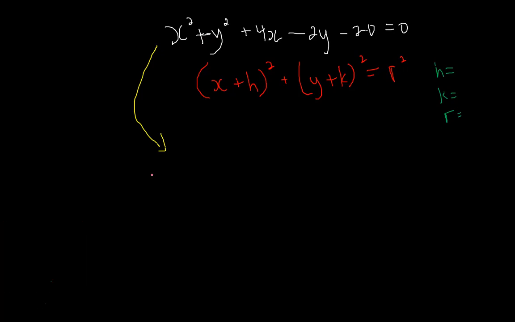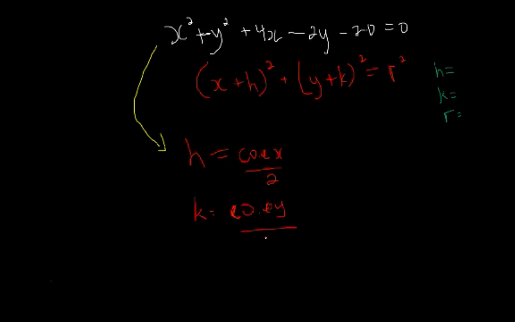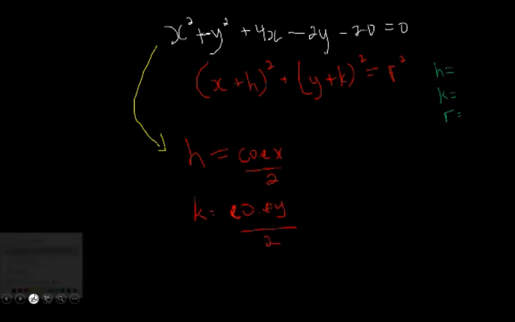Remember when the slides told you that h is equal to the coefficient of x divided by 2. Whenever given the general form of the equation of the circle, you could find h by using this formula and k by using this one, the coefficient of y divided by 2.